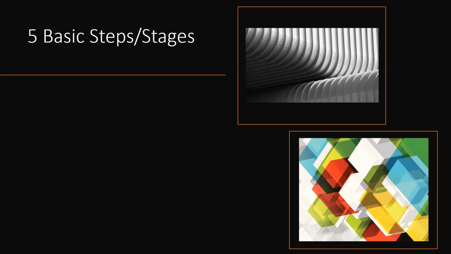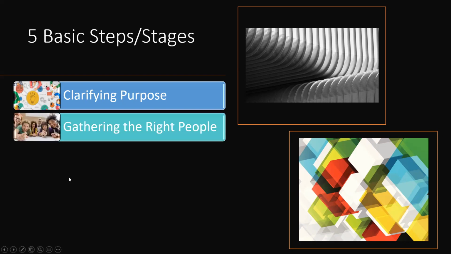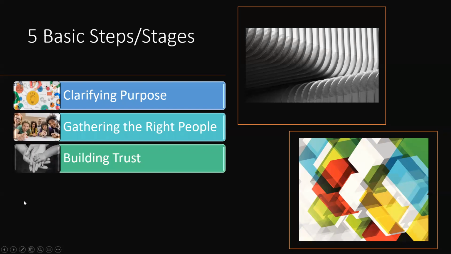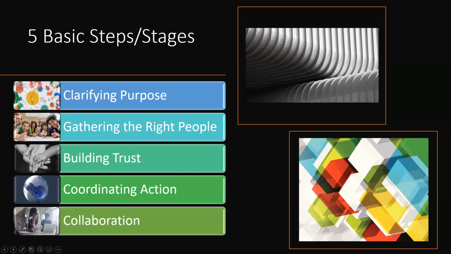Generally, there are 5 basic steps or stages of organizational networks. We will have clarifying purpose, gathering the right people, building trust, coordinating our actions, and collaboration.